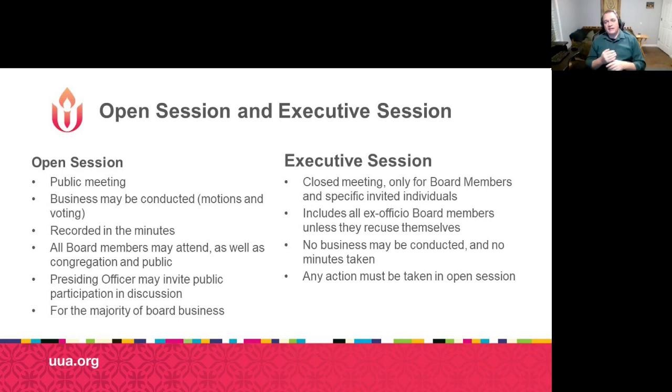It's a closed meeting only for board members and specific invited individuals. And here's the key. It includes all ex officio board members, whether they are voting or not. If your minister is ex officio, they are included in the understanding of that executive session.